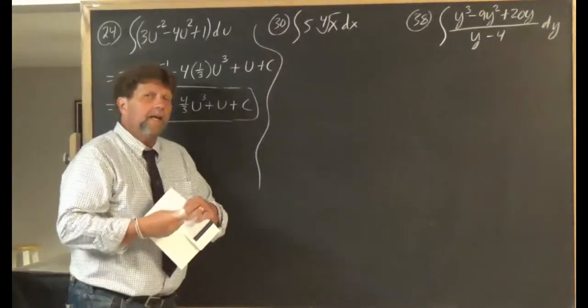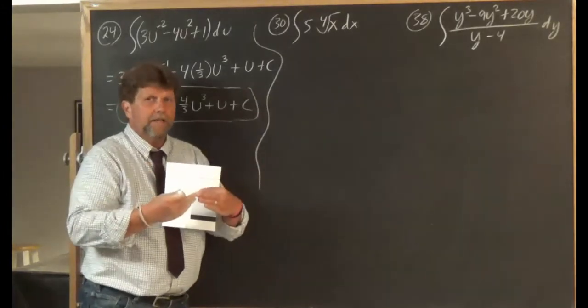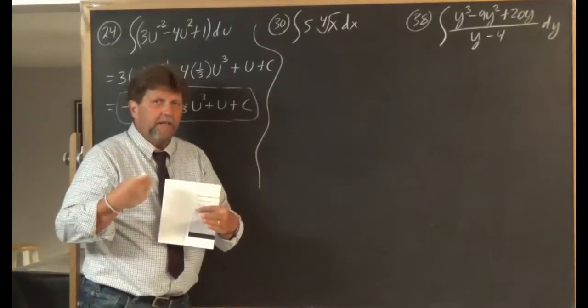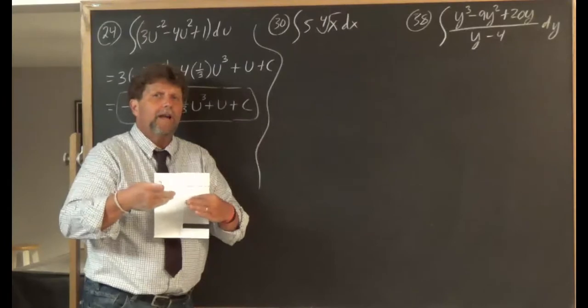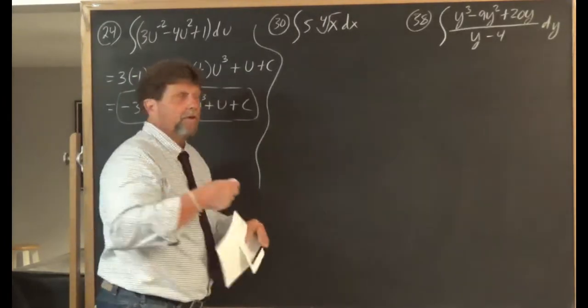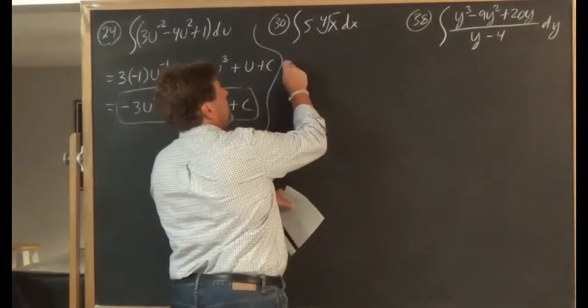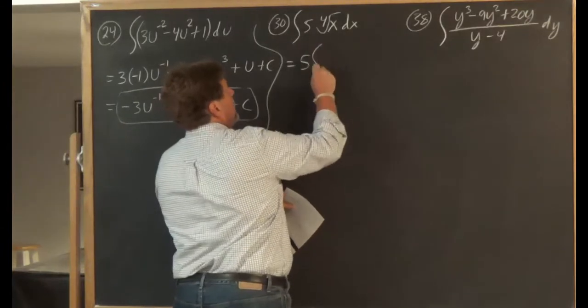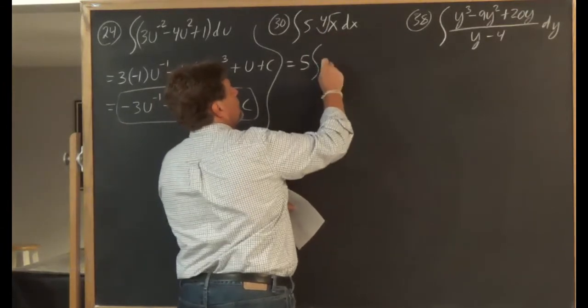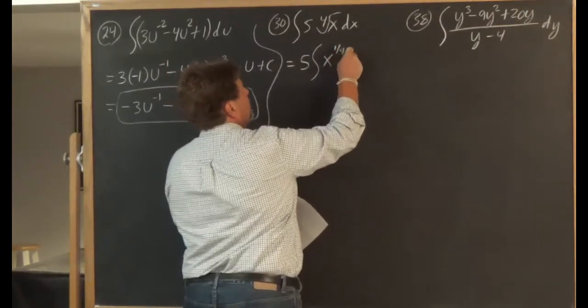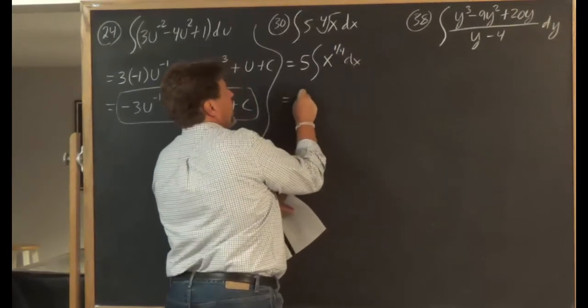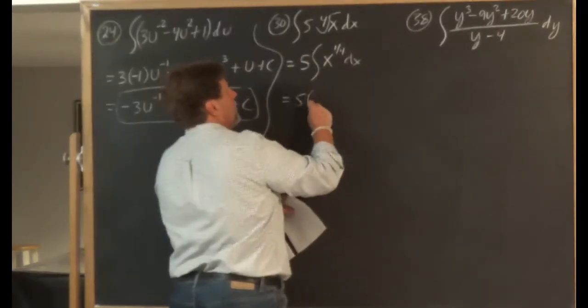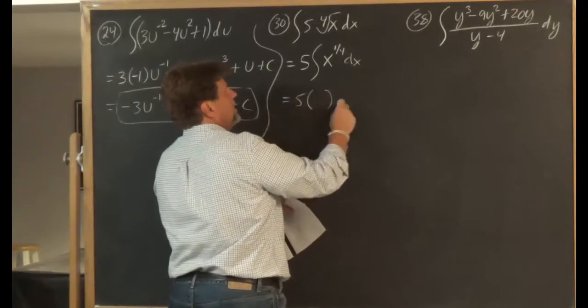30. Okay, I am going to begin by doing two things at once. I'm going to rip the 5 out front of the integral sign, and I'm going to rewrite that 4th root of x with a rational exponent. So I rip the 5 out front. The 4th root of x is x to the 1/4. Now I use the power rule. So I leave a little space.